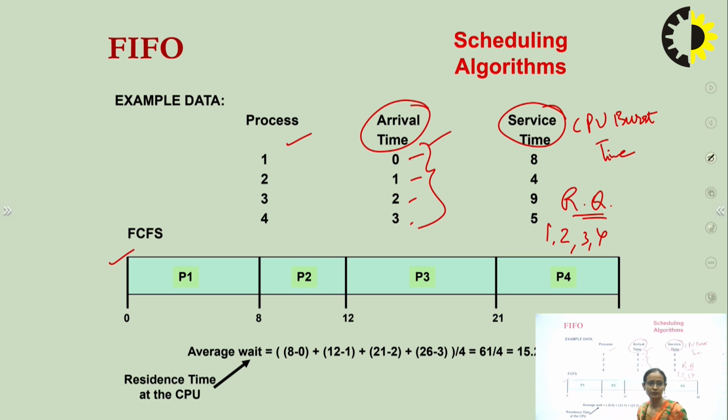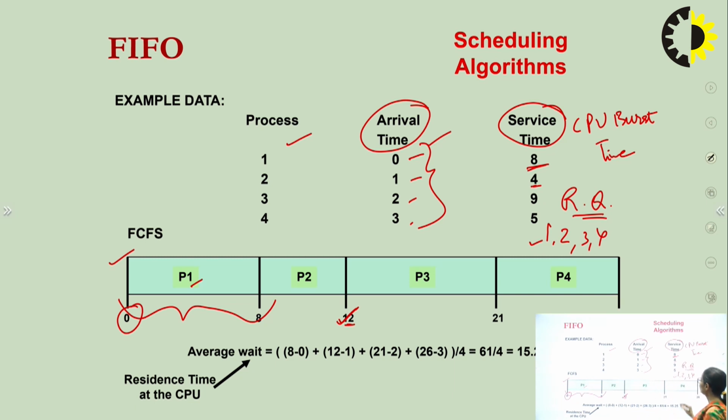So in the case of FCFS, the first process which needs to be executed is process P1, and its execution starts at time 0 and its total burst time is 8. So it will consume 8 CPU cycles. After that P2 gets a chance, P2 needs burst time 4, that is it will consume the next 4 CPU cycles, and when the processor leaves it, the time is going to be 12.